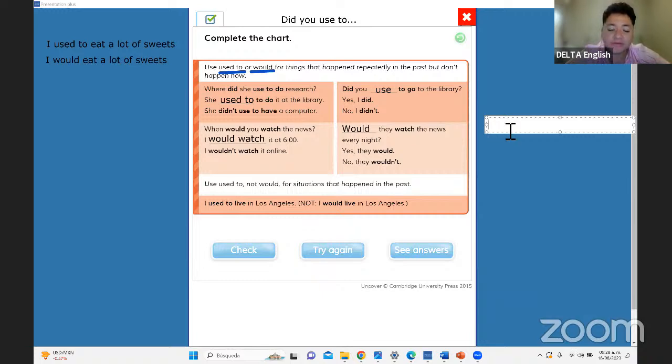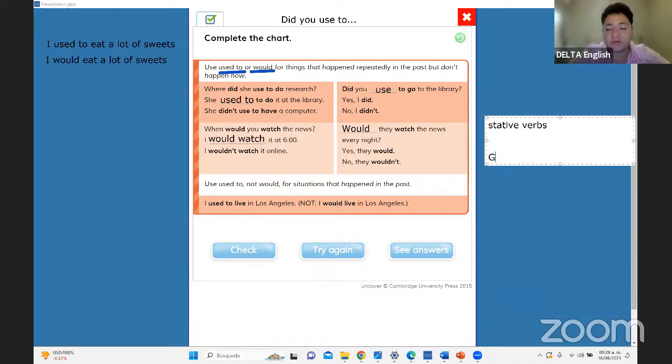The stative verbs cannot be used in the imperative, all right? Una manera de reconocer un verbo con el cual no podemos utilizar would, sino solamente used to, they call stative verbs, is, for example, the imperative.